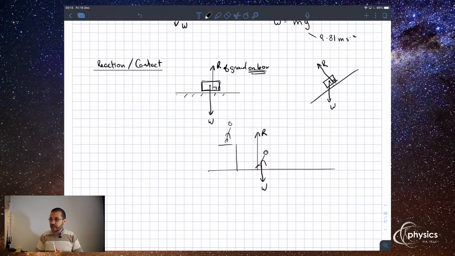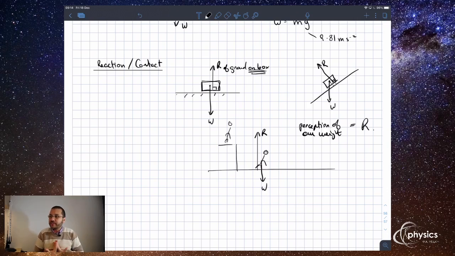Another thing about the reaction force, which is very important: the perception of our weight comes from the reaction force as well. What does that mean?